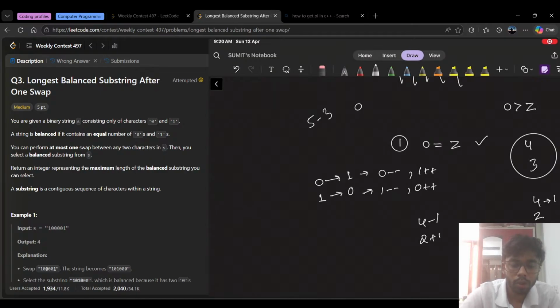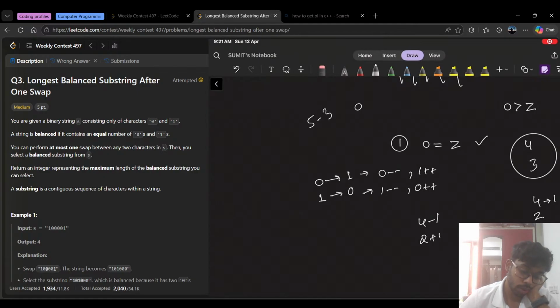Difference is equal to absolute of 1 count minus 0 count. Difference equals to 2.